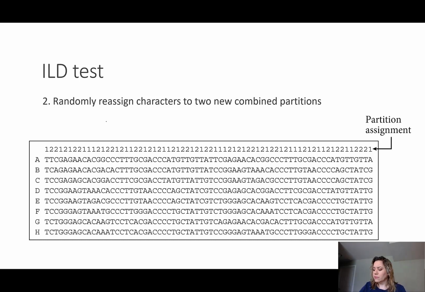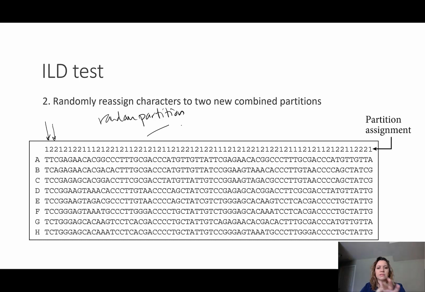So every partition is going to be sampled randomly. Here, this first character in this new pseudo partition comes from partition 1. The second one randomly comes from partition 2, and so on and so forth. So what the program is doing is it's creating a random partition that is based on the two existing partitions.